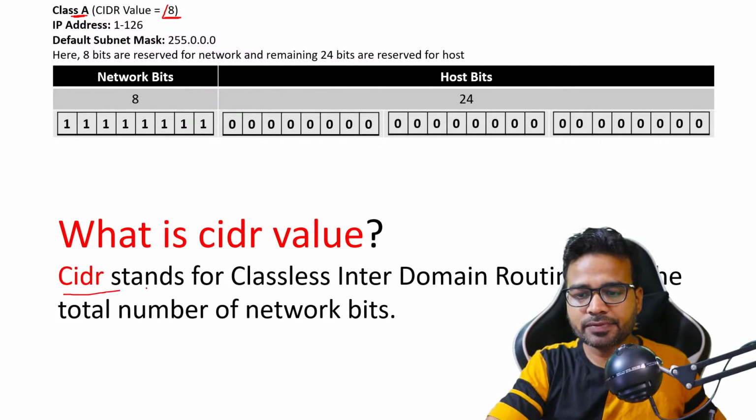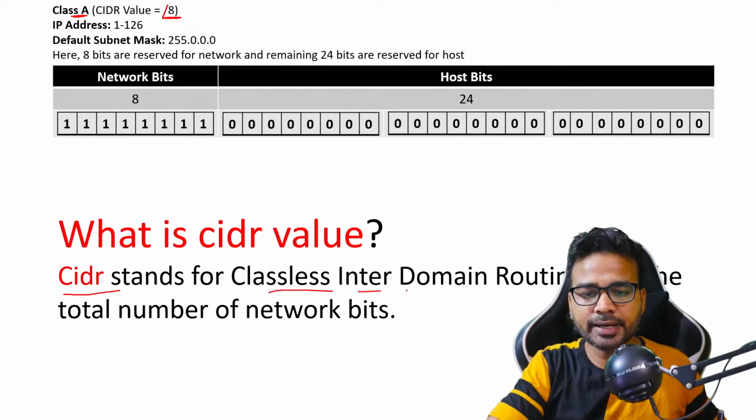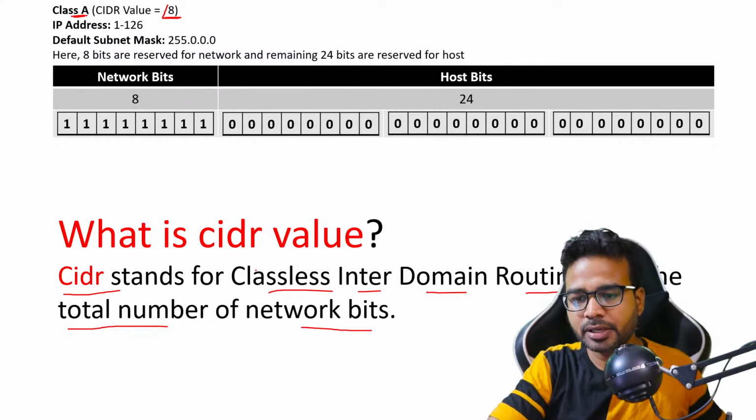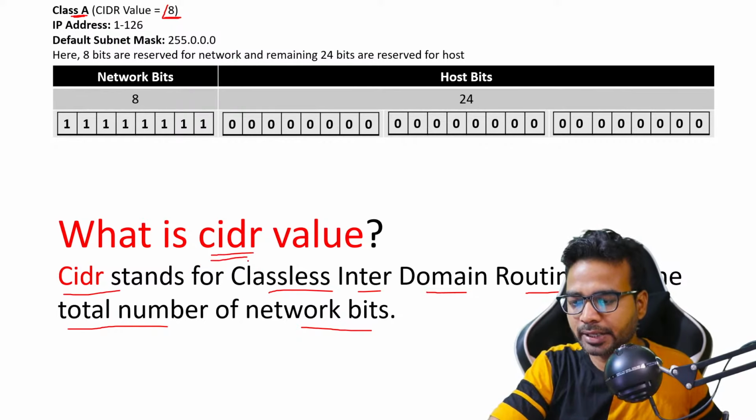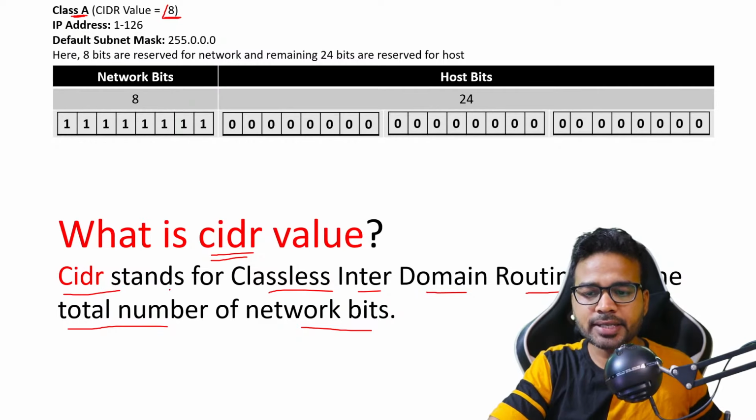CIDR stands for classless inter-domain routing. It is the total number of network bits. If somebody asks you what is CIDR value, you can simply tell them CIDR stands for classless inter-domain routing. It is the total number of network bits.